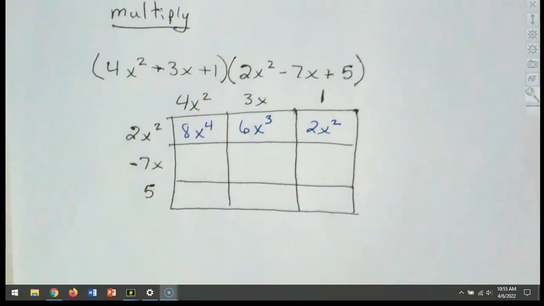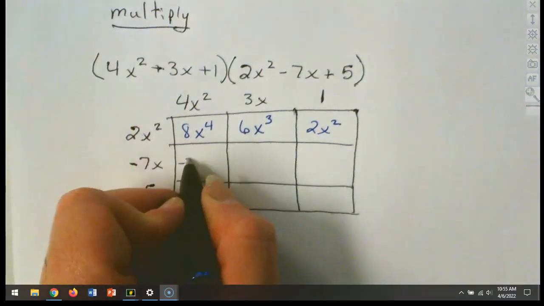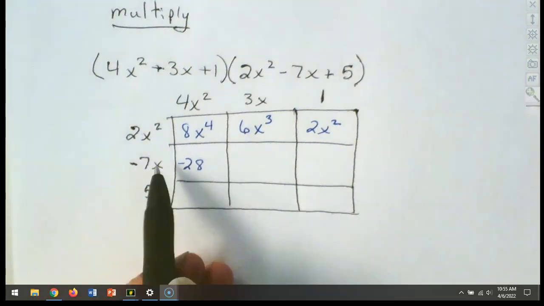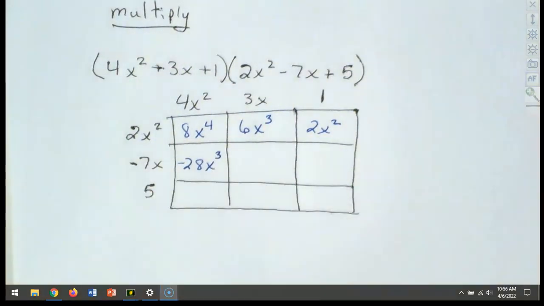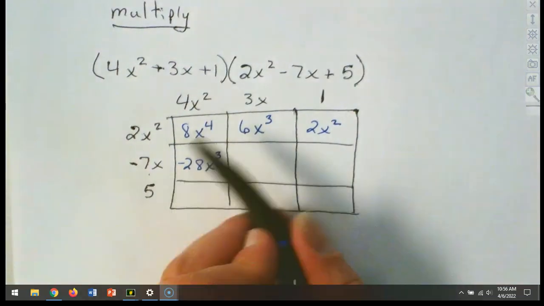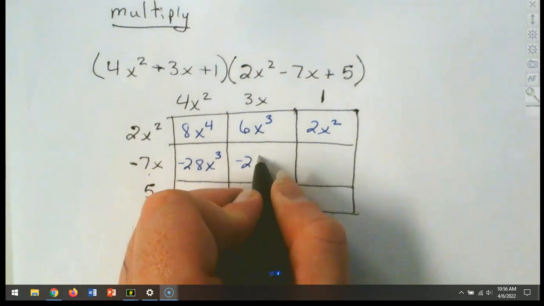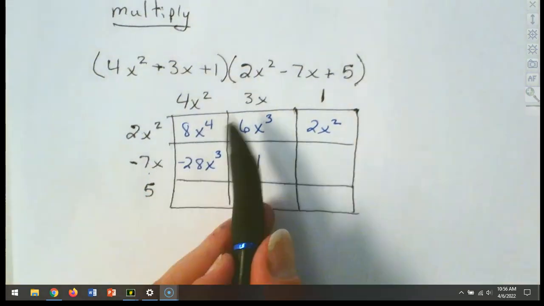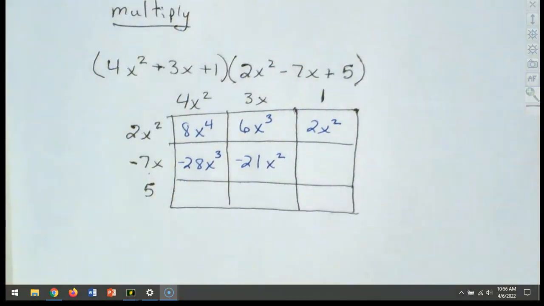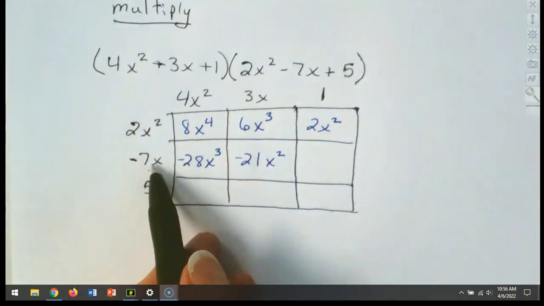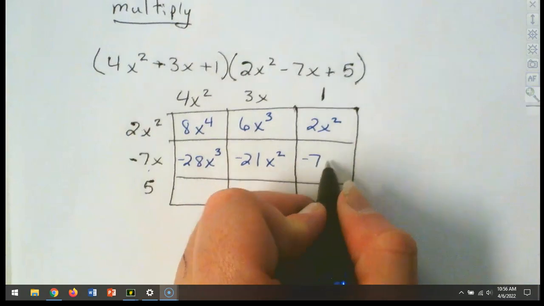Negative 7 times 4, that's a minus 28. And an x and an x squared makes it x cubed. Negative 7 times 3, that's a minus 21. X and x makes it an x squared. Negative 7x times 1, that makes it a minus 7x.